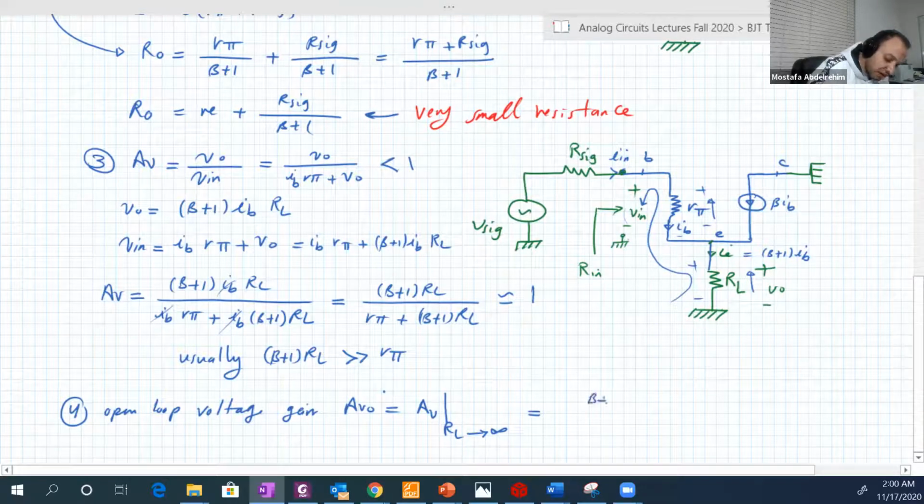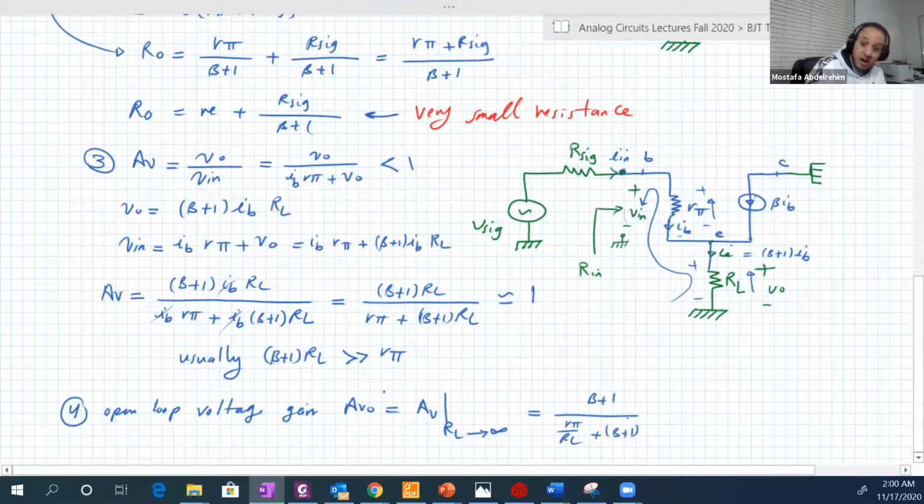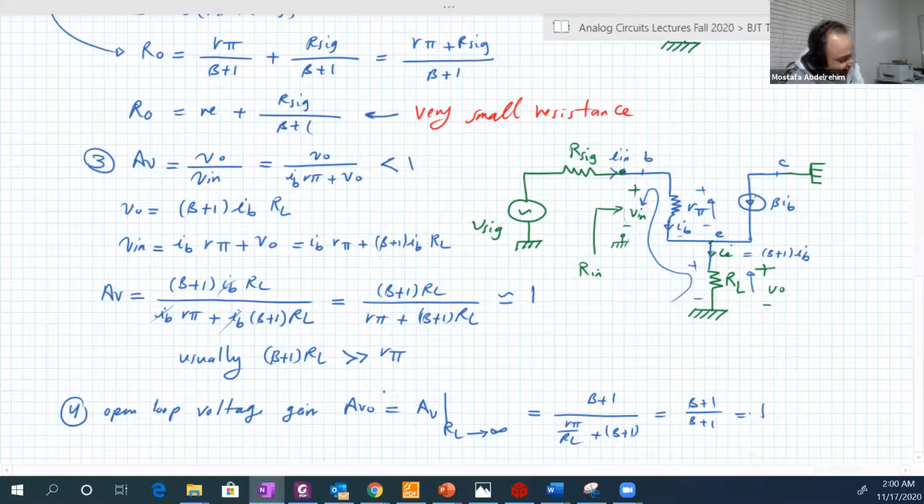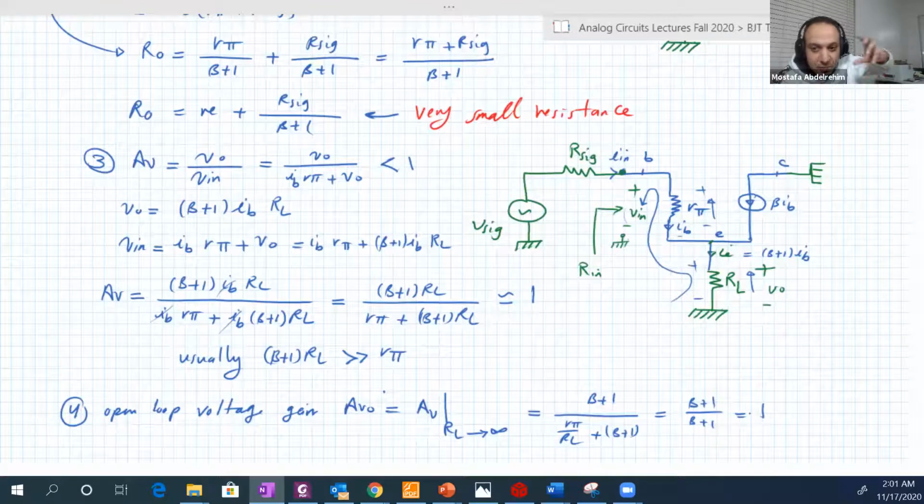So we'll end up with beta plus 1 over R pi over RL plus beta plus 1. If RL goes to infinity, we will end up with beta plus 1 over beta plus 1, which is 1. So it's clear here from AV naught that, yeah, the voltage gain is close to 1, even if RL is small. But because it will be multiplied by something in hundreds, like beta, then beta plus 1 RL will be much larger than R pi. Okay?